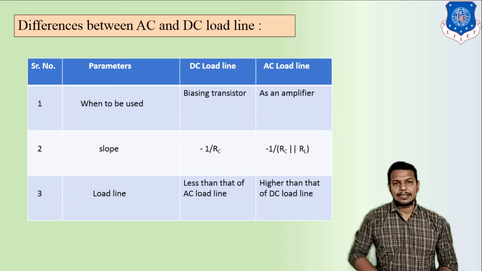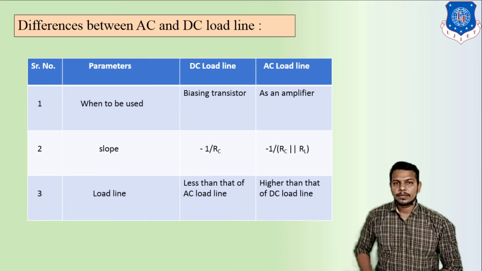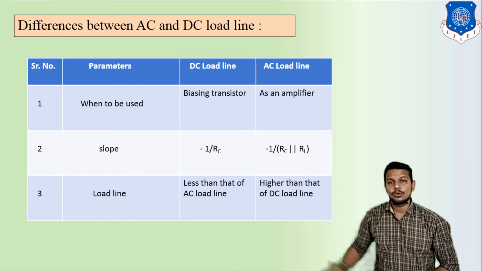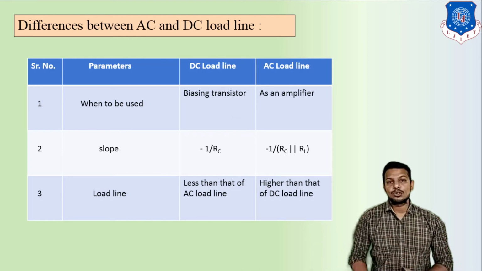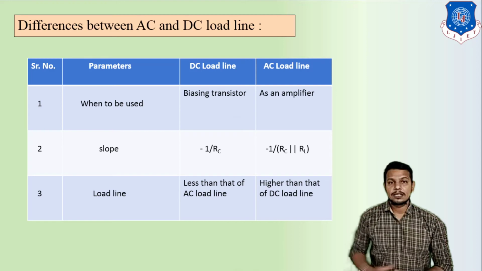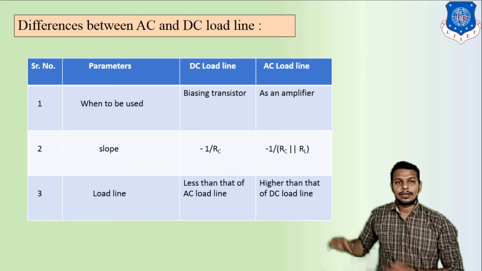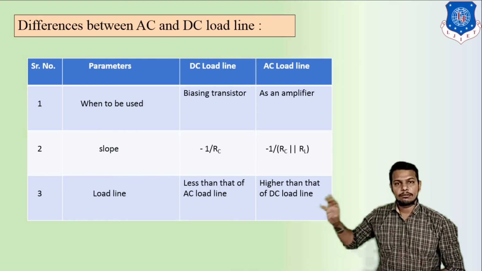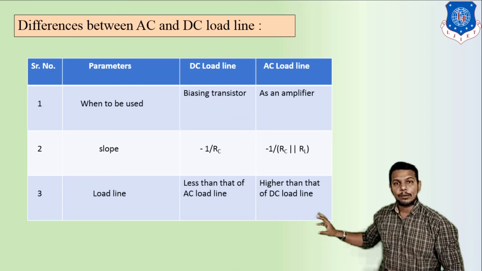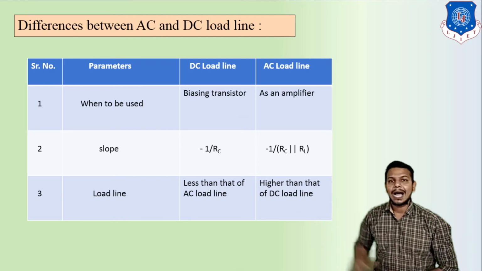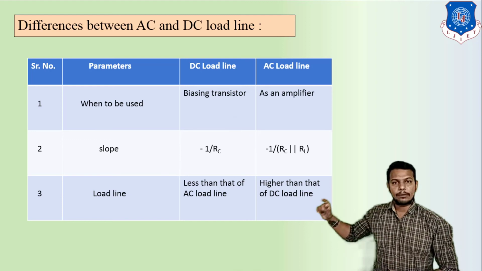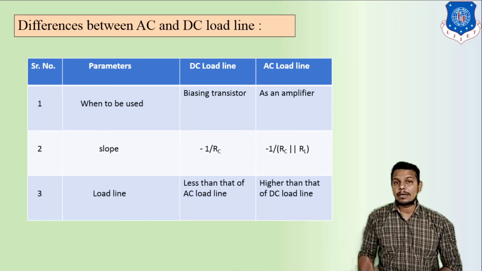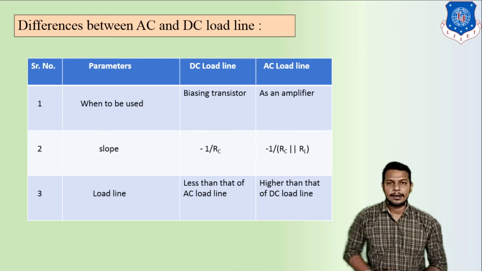So what is the difference between the AC and DC load line? Here we can see three main parameters. Number one, when to be used. The DC load line is used for biasing the transistor, whereas the AC load line is used for the amplifier. Number two, slope. For the DC load line the slope equation is minus 1 upon RC, whereas here the equation becomes minus 1 upon RC parallel RL, because the capacitor becomes short circuited between RC and RL.